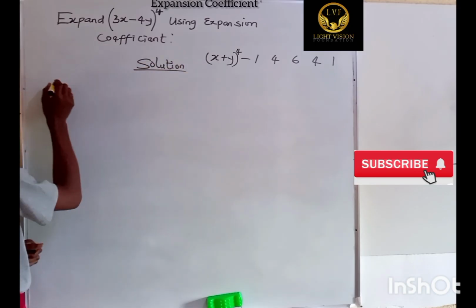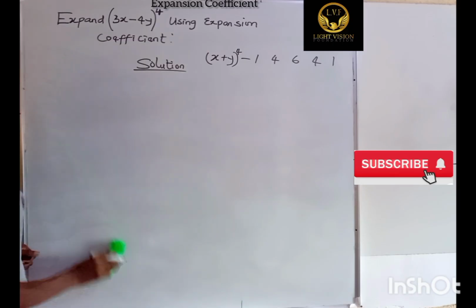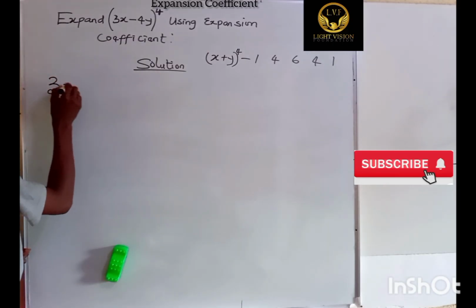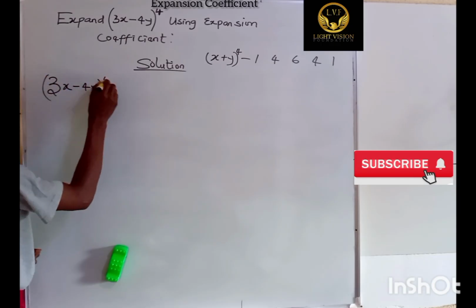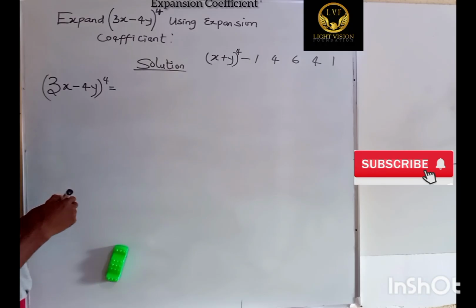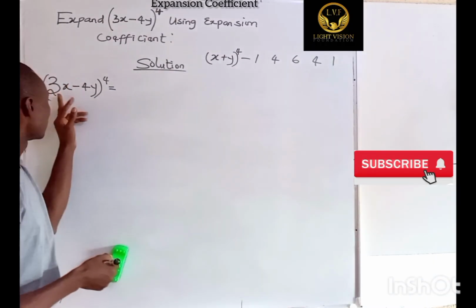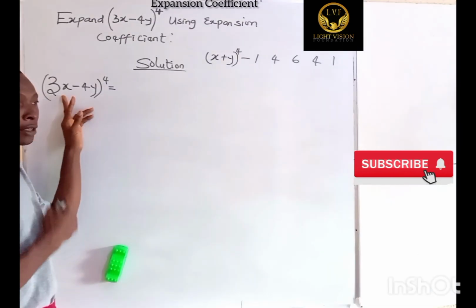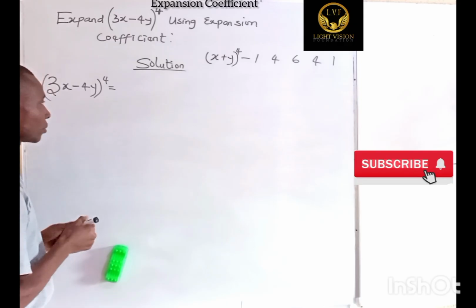We are expanding (3x − 4y)^4. Now we use the coefficients. Don't forget that the power of the first term will be decreasing while that of the second term will be increasing. So we start.